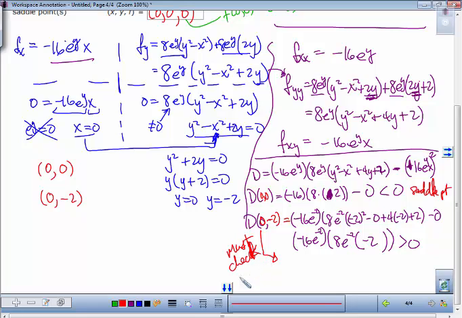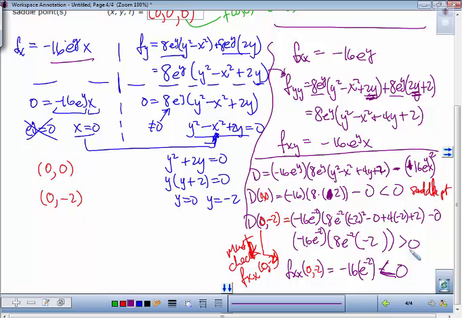We have to go back and check what happens to fxx. So fxx, evaluate this at 0, comma, negative 2. fxx is this. There's no x's, it's just the y. So I have negative 16 e to the negative 2. E to the negative 2 is always positive, so this is just going to be negative 16 times some positive number. So it's going to be a negative.